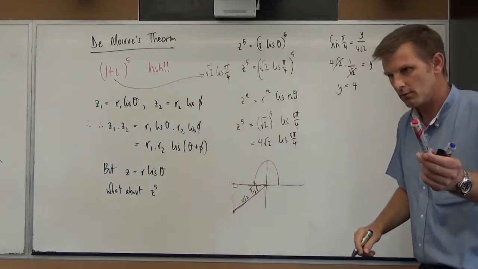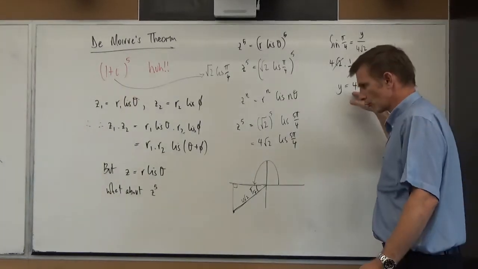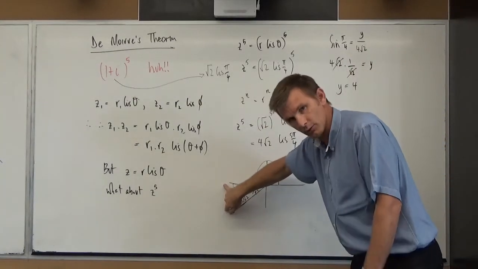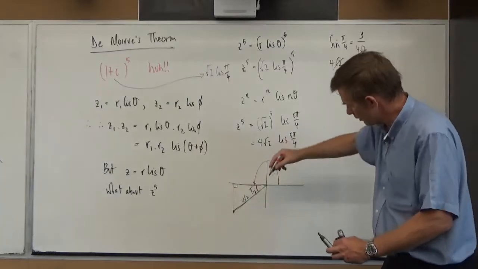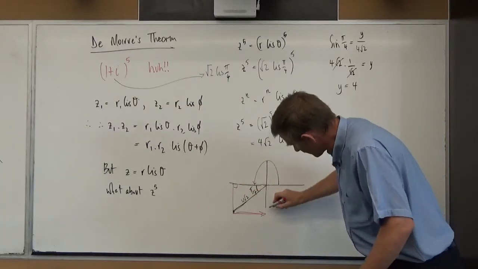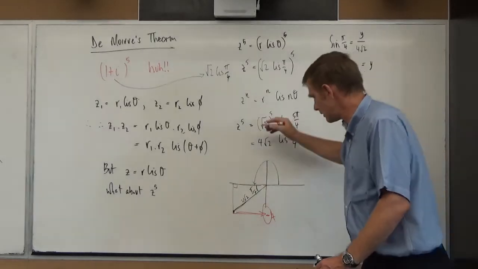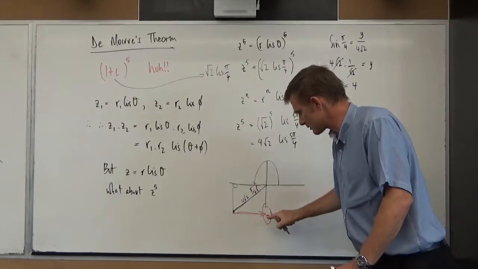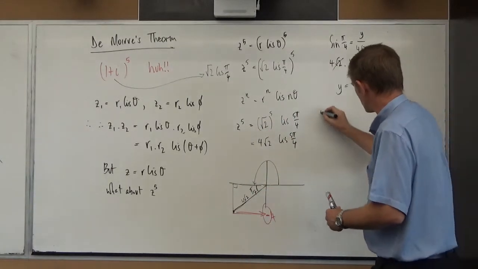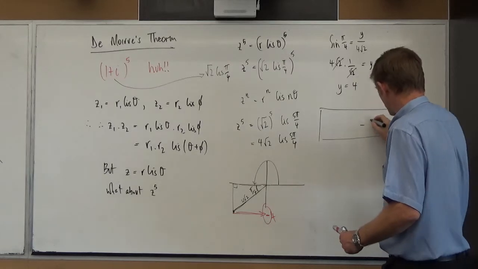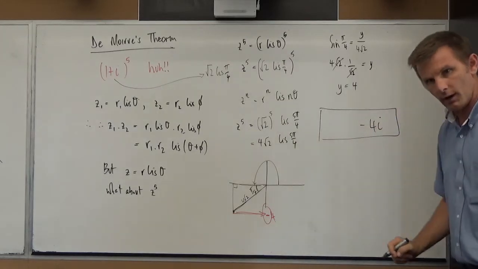Now we've got to be careful. Y equals 4. This distance equals 4. But when I'm looking on my graph, this is minus 4, isn't it? So actually the imaginary value is going to be minus 4. So let me get to my answer here. My imaginary value is going to be minus 4i.